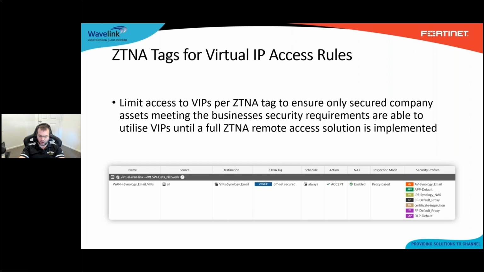I want to be able to access the management interface of EMS from wherever I'm working from, but I don't want that to be available to the whole world. So I can use the all address object to match my source, and then match it with the ZTNA tag. Now it's secured to only my device that's connected to my EMS server and is presenting that EMS tag to my FortiGate.